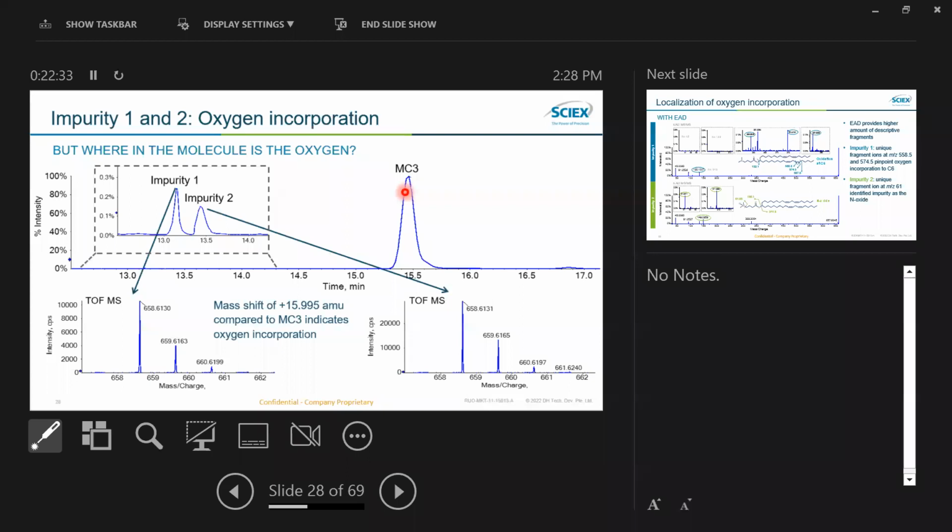So we know that the mass defect of oxygen is 15.995, and so this suggests that we have oxidation or molecular oxygen incorporation within this MC3, causing all these impurity structures. The question is, can we pinpoint the location of oxygen incorporation within these two impurities?